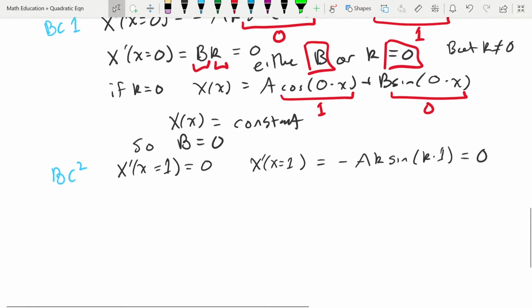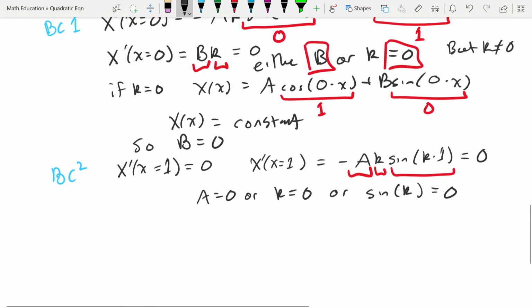Enforcing that boundary condition, our options are that a is equal to 0, k is equal to 0, or sine of k is equal to 0. So again, we know that in this case, we get trivial solutions.